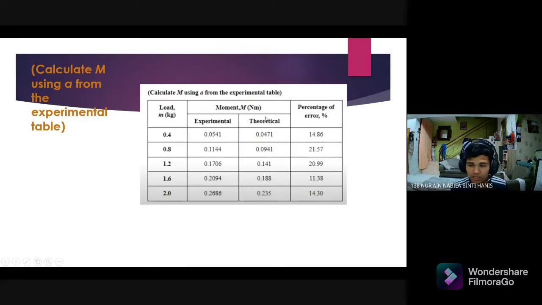The percentage error that we get is 14.86. Okay, so we calculate also the 0.8 and 1.2 and also until the 2 kilogram, and this is the percentage of error that we conclude from the experiment that we made.